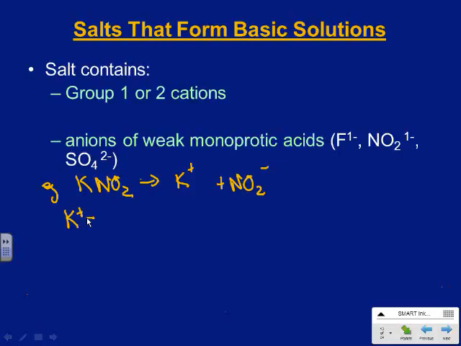The K is going to come from KOH, right? We have to be thinking that way. The only way it can be an acid or a base is to come from KOH. KOH is one of those ionic ones that dissolve like crazy, so that's strong. So what is K? Super weak conjugate acid. Spectator, no hydrolysis.